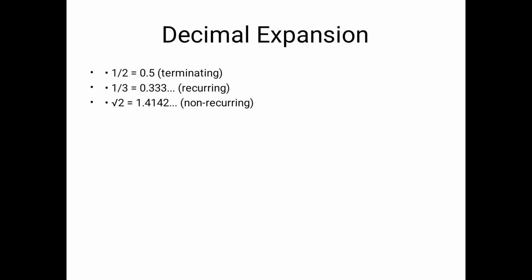Here, if I observe, in 1 by 2, I'll get 0.5, which is terminating. Recurring means after decimal, the number is going to be repeated. Here, 3 keeps on repeating. If I go for root 2, after decimal we have 4142. So, you may say that 4 is repeating.